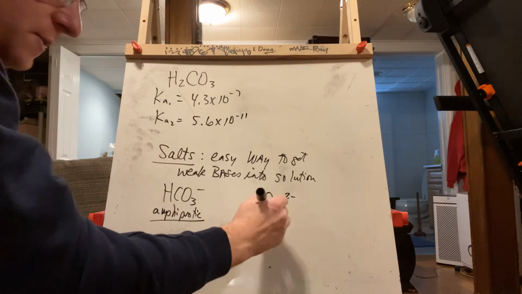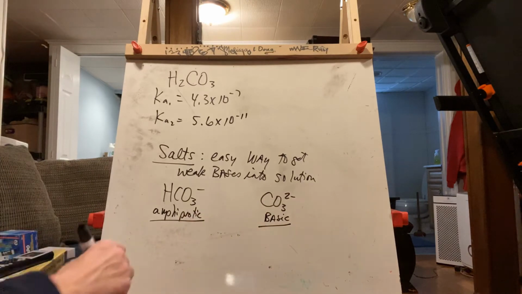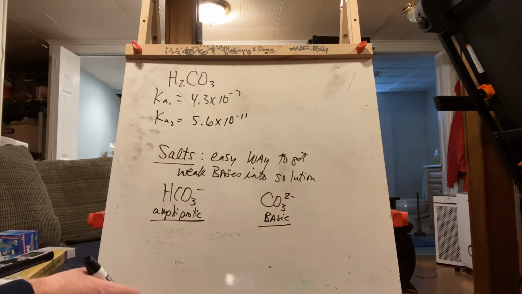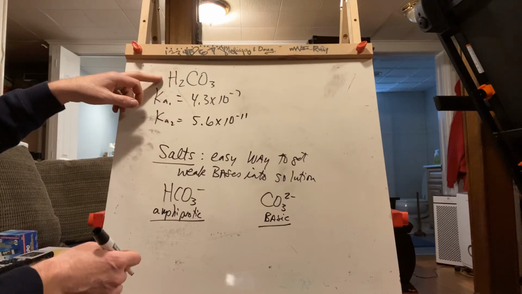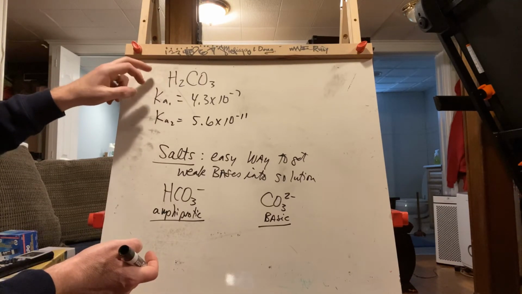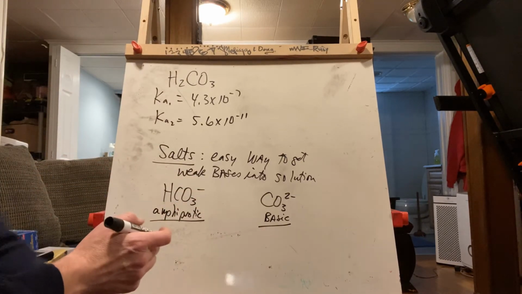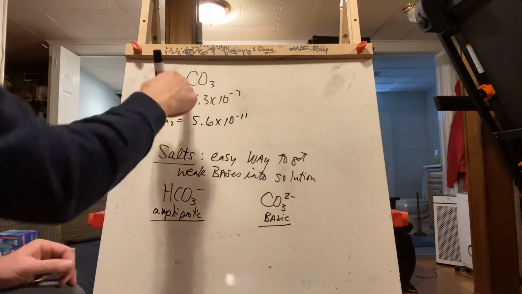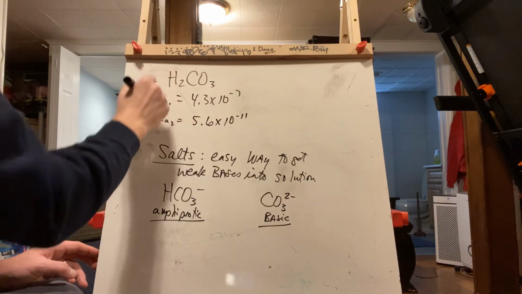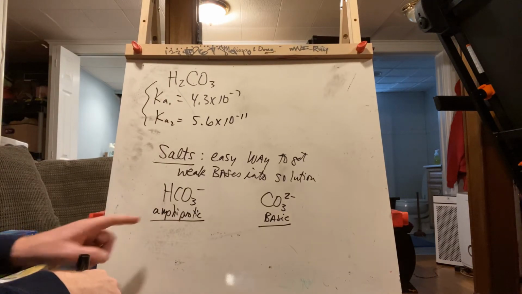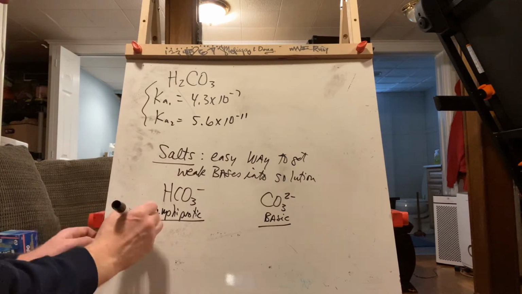This is just a basic anion, because it's the conjugate base of a weak acid. So these two things, I can give you some values. Firstly, here's my data on H2CO3. I know those two things. What could I say about HCO3 minus if it acts as an acid?